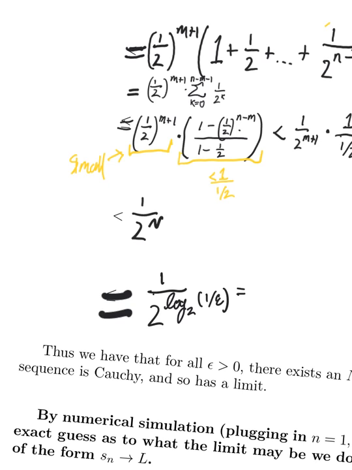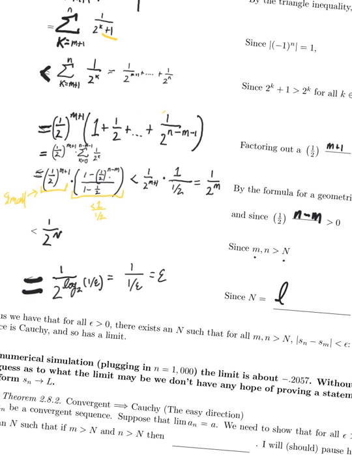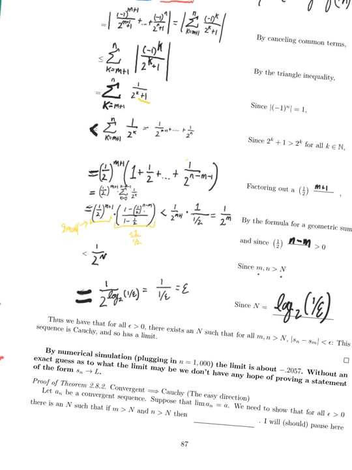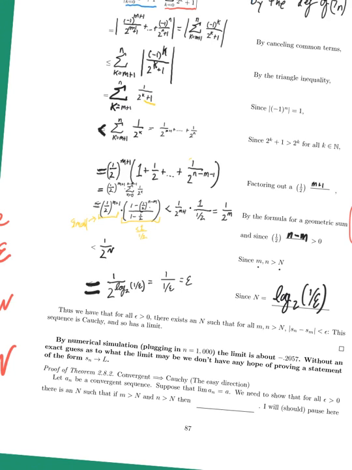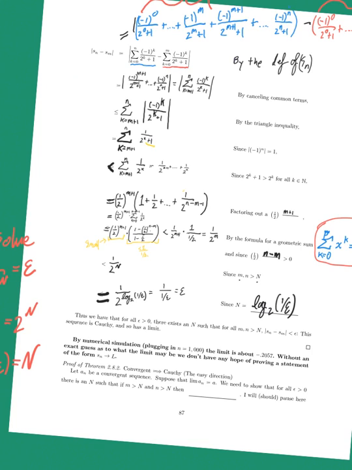Right, 2 to the log base 2 is just 1 over epsilon, so 1 over 1 over epsilon equals epsilon, since big N is equal to the log base 2 of 1 over epsilon. Nice. Well, I guess now that we have our choice of big N, this is always like a last step you should do in an epsilon-N proof. Cool. So let me just make sure we have our choice of big N.